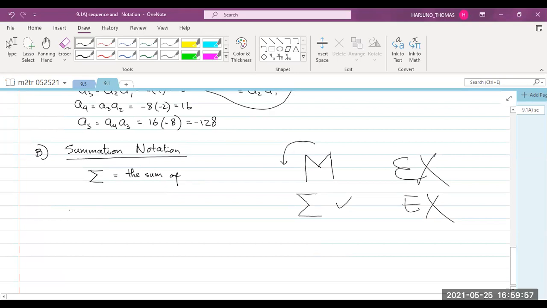So if we have this notation, the summation of a sub n equals, let's say, 3, 5. If you see this notation, this means you start from 3.